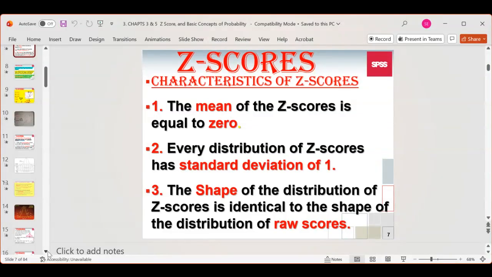That's why, when you take a sample from your population, you need to make sure your population is normal. Normal means they're not skewed, positively skewed or negatively skewed.